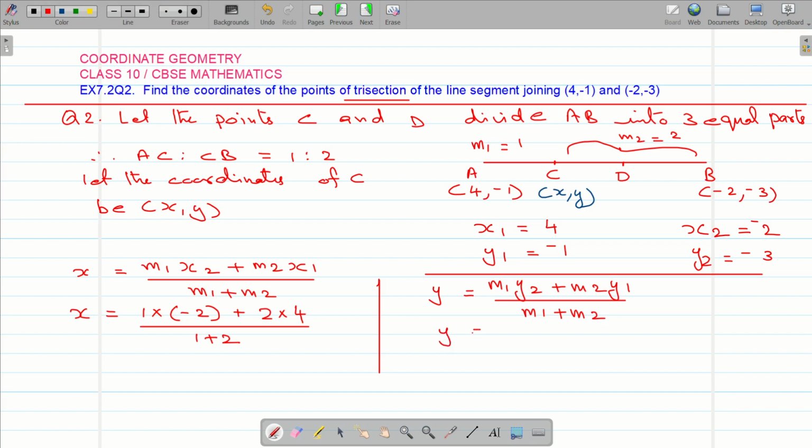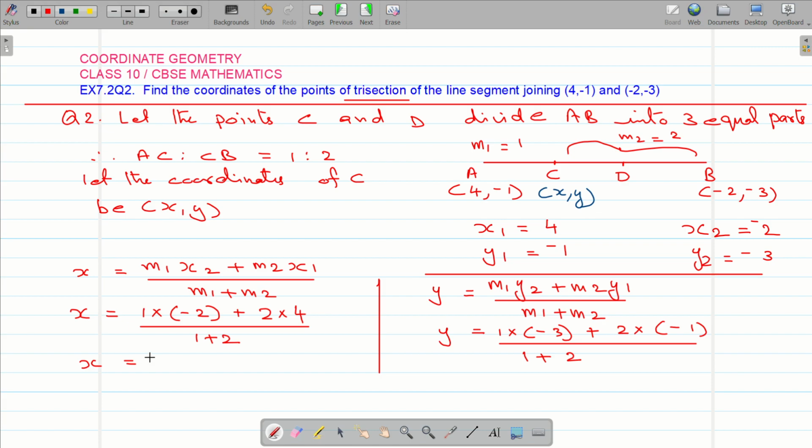Same way when we substitute the values in the section formula, we get 1 multiplied by y2, that is minus 3, plus m2, 2 into y1, that is minus 1, divided by 1 plus 2.